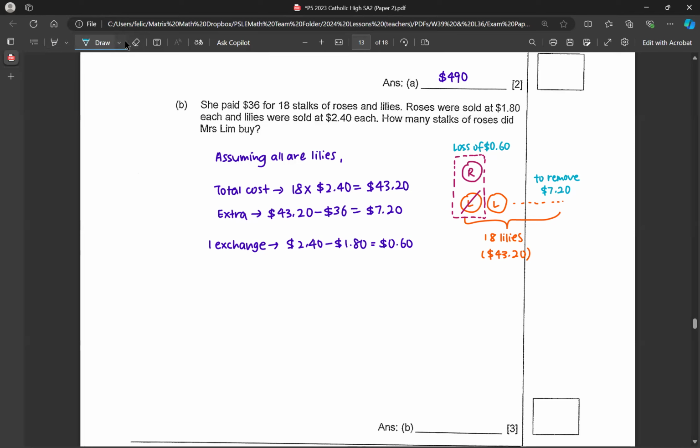So my next step is to find out how many such exchanges are required. Number of exchanges is 720 divided by 60 cents. That would be 12 such exchanges. 12 such exchanges also means I end up with 12 roses. Every exchange leads to a rose. So 12 exchanges means I have 12 stalks of roses. So you have answered the question.